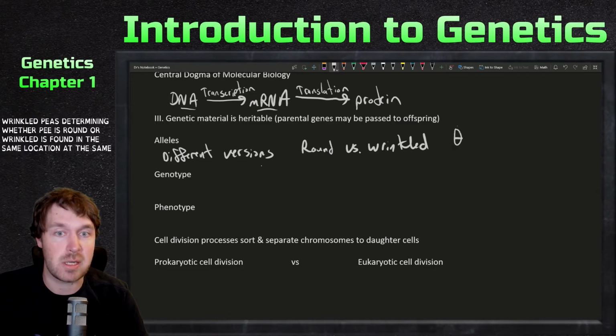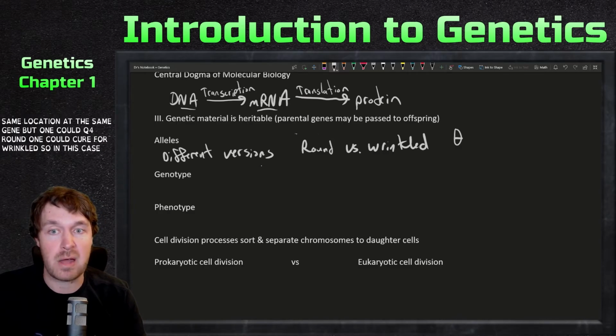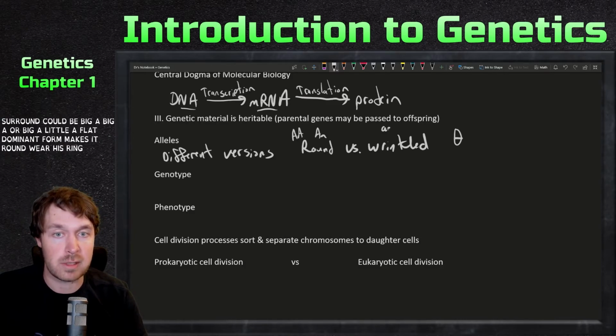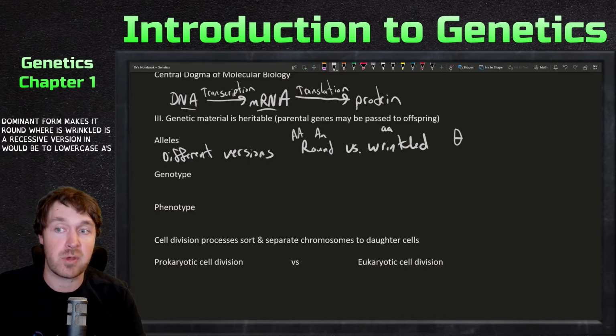It's the same gene. But one could code for round, one could code for wrinkled. So in this case, round is dominant. So round could be big A, big A, or big A, little a. That dominant form makes it round, whereas wrinkled is the recessive version and would be two lowercase a's. So these are different versions of the same gene.